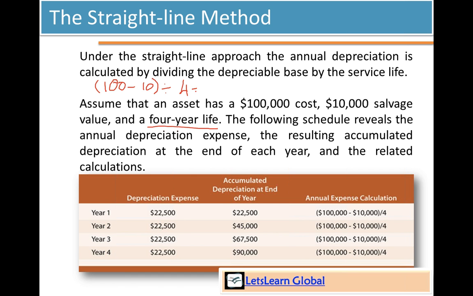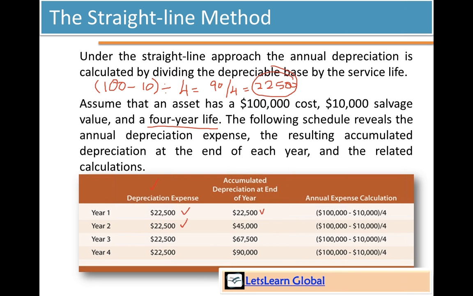What is the value? 90,000 divided by 4. 22,500. Each year you will charge 22,500. So your depreciation expense in the first year would be 22,500. In the balance sheet it will be 22,500.